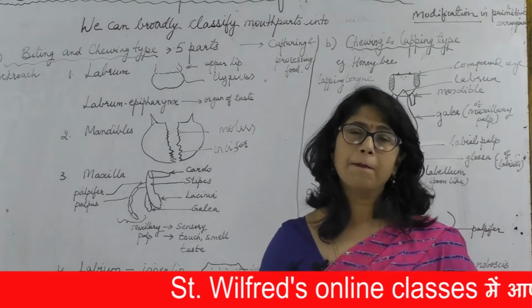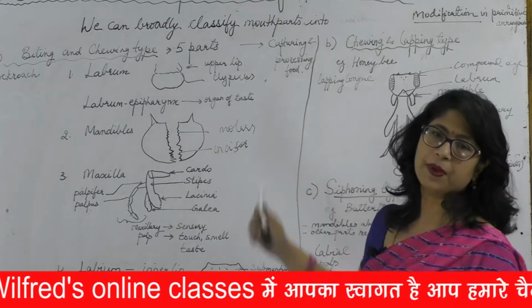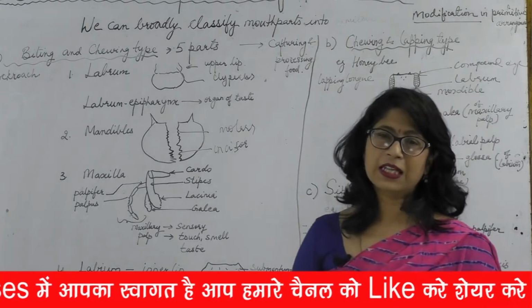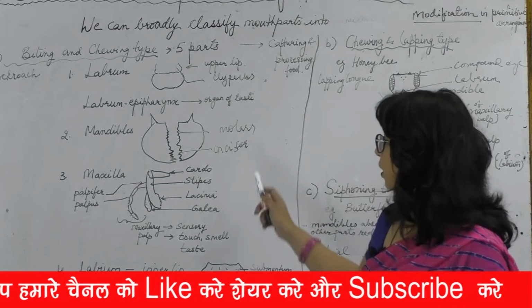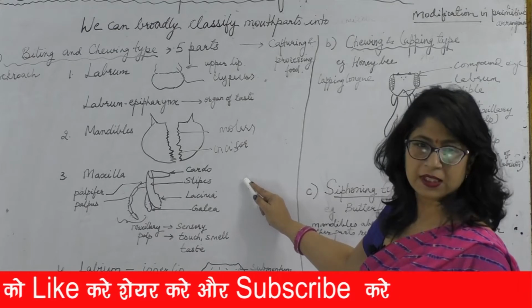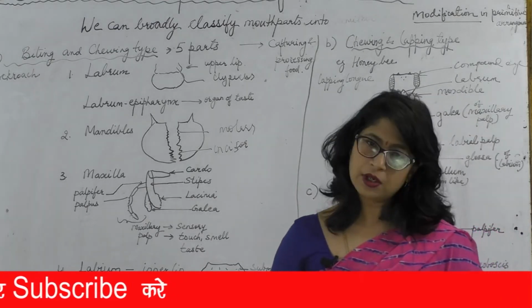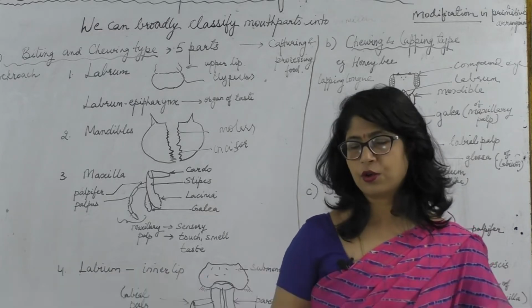Incisors help in biting the food, whereas the molars help in macerating the food. They are chitinous and hard in nature. The third structure is called the maxilla, and maxilla is also known as pincers or secondary jaws or auxiliary jaws.